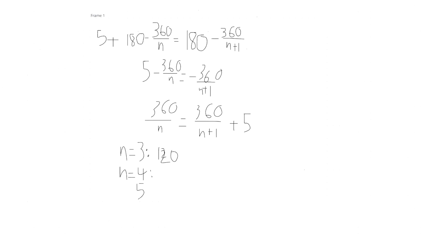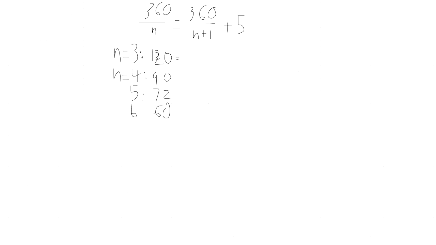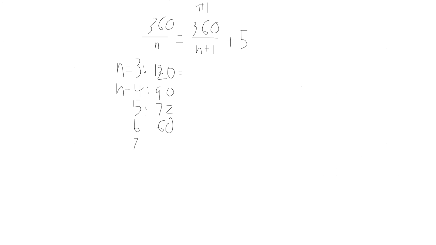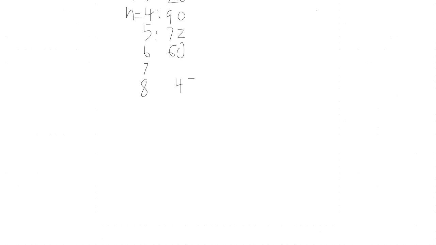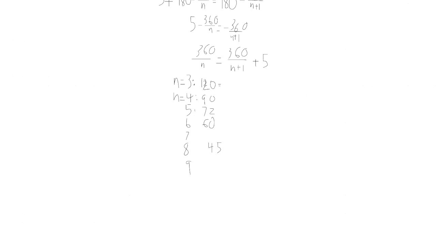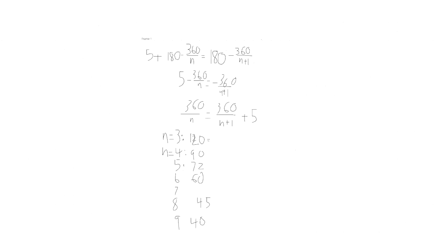For 5, it's 72. For 6, it's 60. For 7, it's a fraction, and that can't possibly be the answer, so we just move on to 8. 8 is going to be 45, and 9 is 40. So you see that n equals 8 works, so that's our answer.